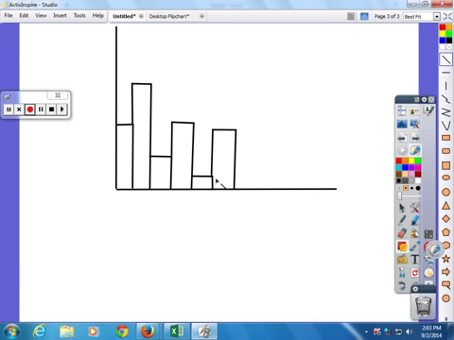Alright, so let's say we got some data here. This is equal to 20, this is equal to 30, this is equal to 15, this is equal to 20, this is equal to 5, this is equal to 18.